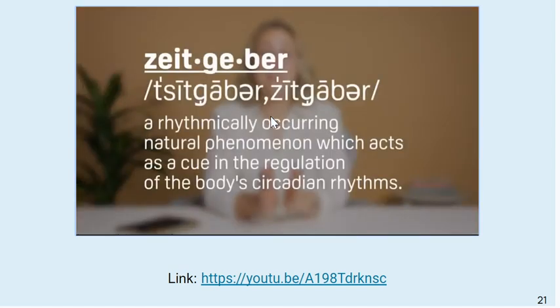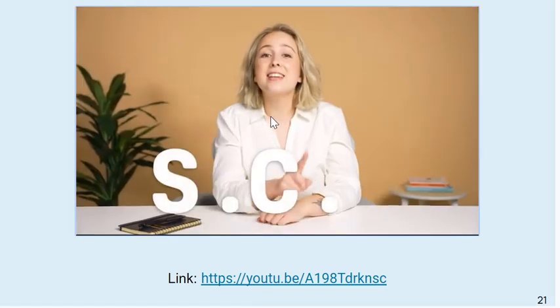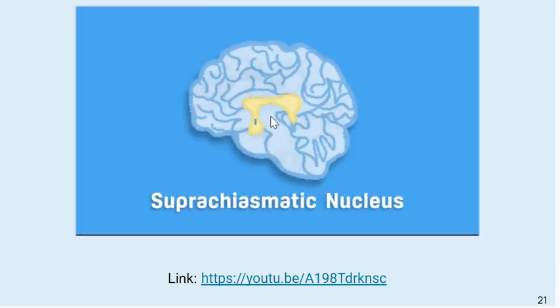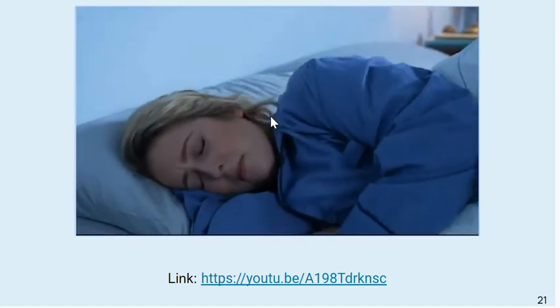The daily circadian cycle begins and ends with your eyes, specifically what's known as Zeitgebers, or time givers. These perceive light and send signals to our suprachiasmatic nucleus, or SCN for short. The SCN has the very important job of releasing the hormones that can either make us feel wide awake or feel groggy and tired.